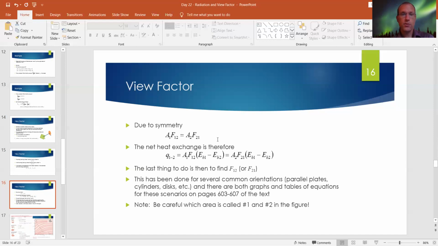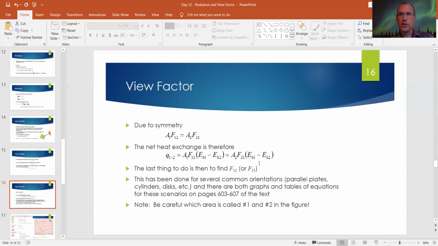And so what I can do in the previous expression is take those factors out. A1 F12 I can replace with A2 F21 or vice versa, and then pull the whole thing out. So Q12 is A1 F12 times the difference of sigma T to the 4th for the two objects. It doesn't matter whether I pull out A1 F12 or A2 F21 because they're the same thing.